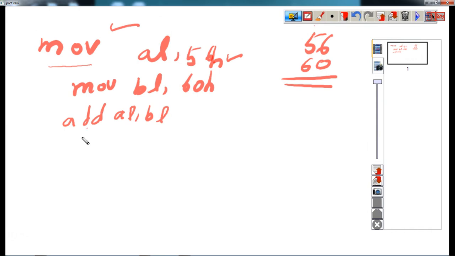And then you can use HLT, halt, which is an instruction to stop the execution, or you can use interrupts. So this is a simple program of adding two bytes, right? This is what we'll try to write.